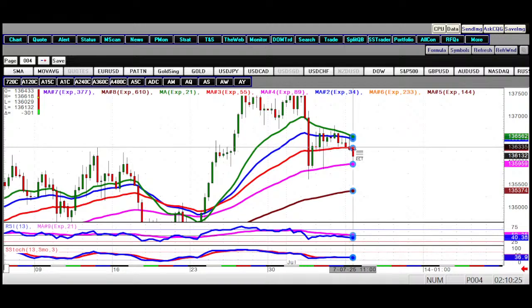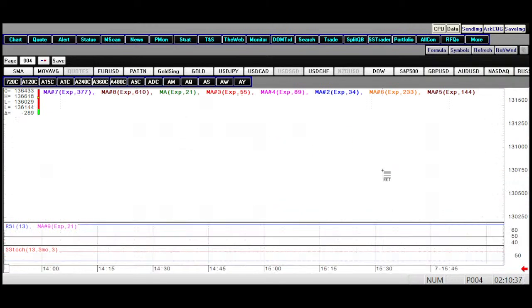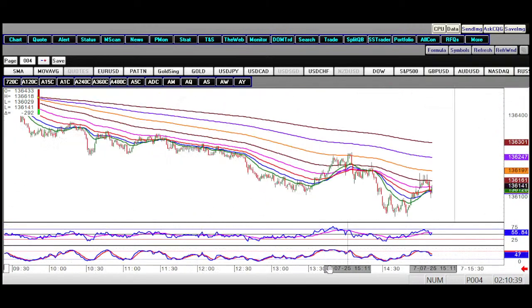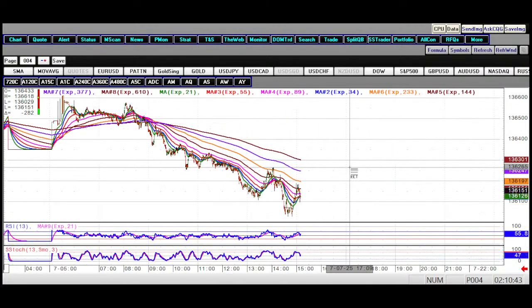The high is 35, and we expect the price to go towards 35.80. Then we should be trying to enter.